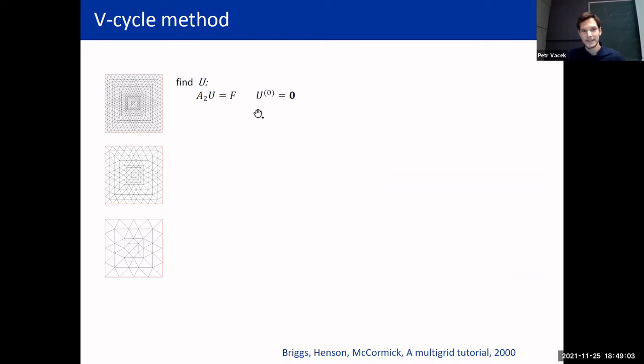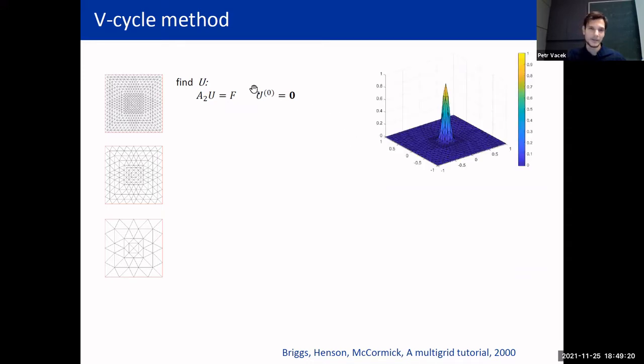So let's start with some approximation u0 to the solution u. Since we have no prior information, we will take it to be 0. For a 0 initial approximation, the exact solution and the error are the same, so we can plot the error.